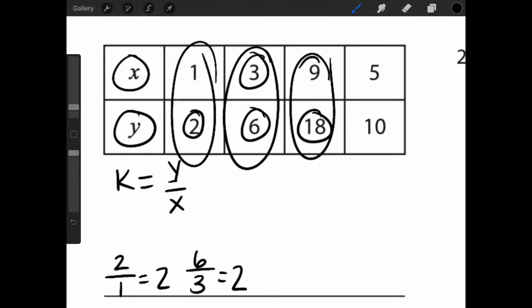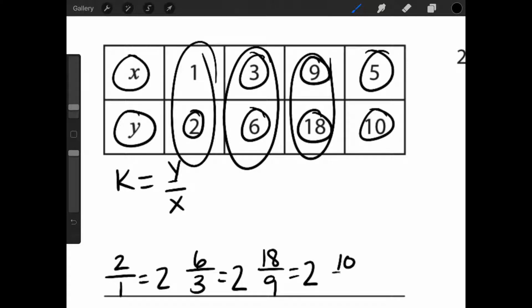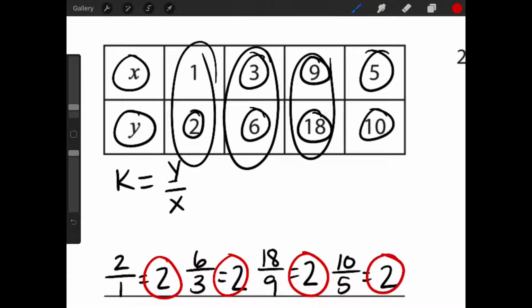Then the next one, 18 over 9 equals 2. And my last one, 10 over 5 equals 2. So we've got a constant ratio of 2.